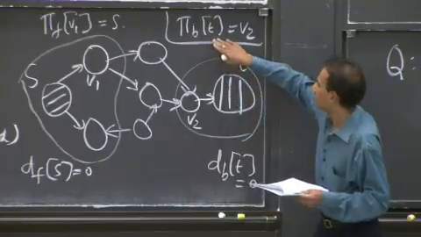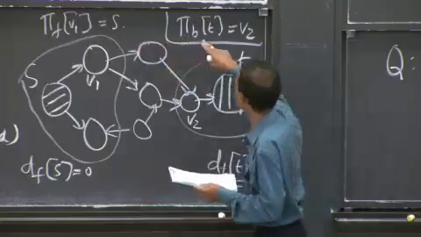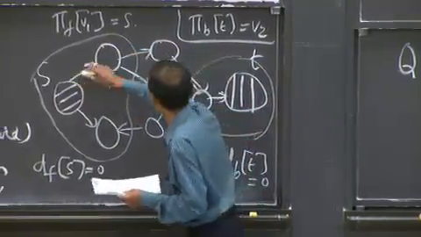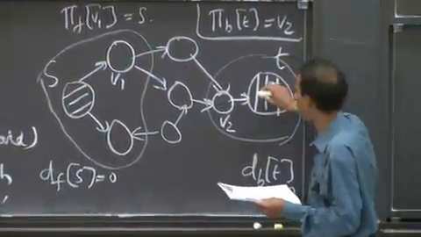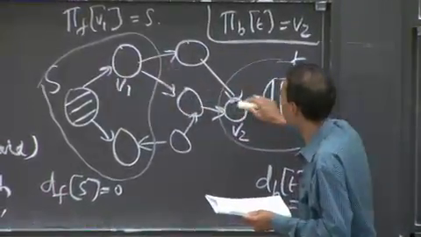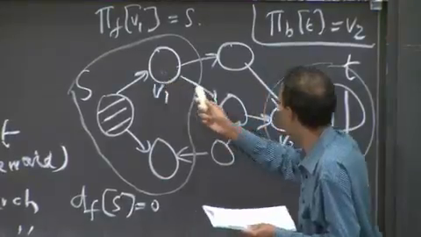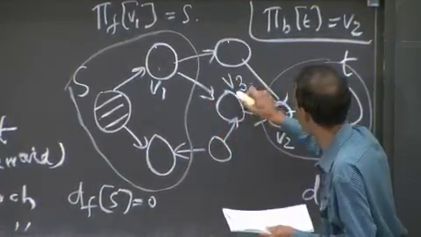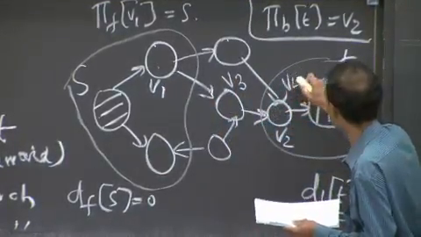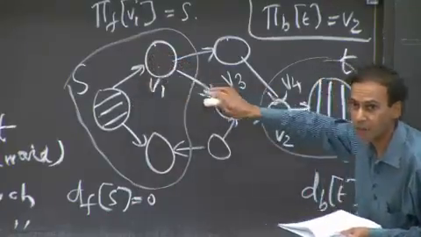All right. So what I have here is when I look at the path that goes this way, S is the predecessor of V1. V1 is the predecessor of, let's call this V3. V3 is the predecessor of V4. I'm just talking about the regular forwards path.